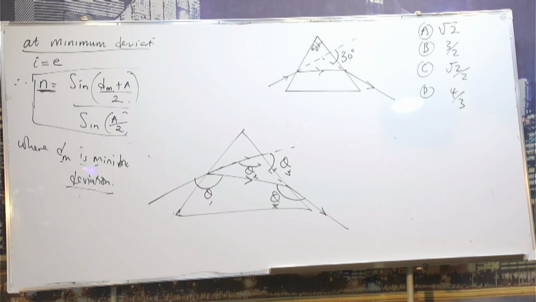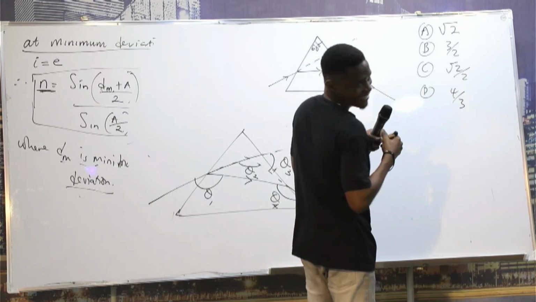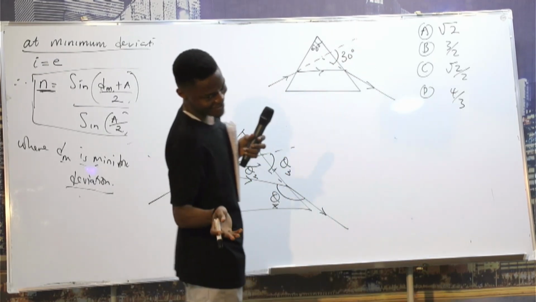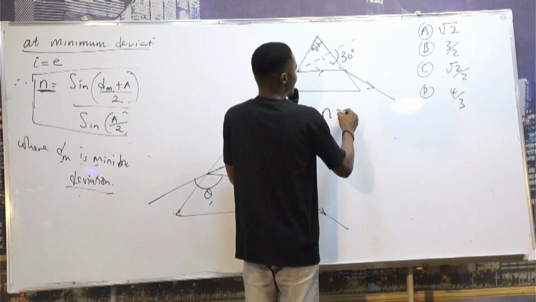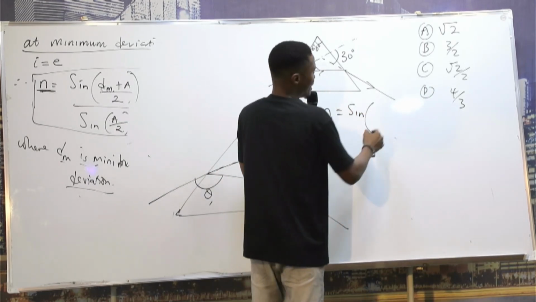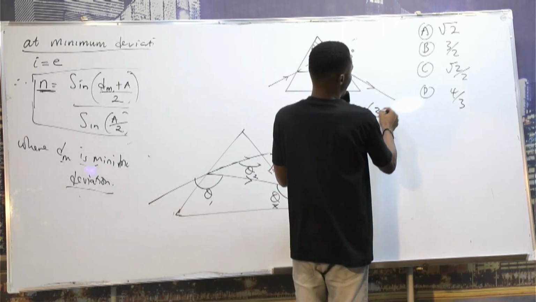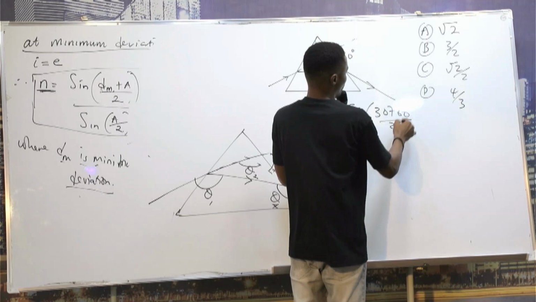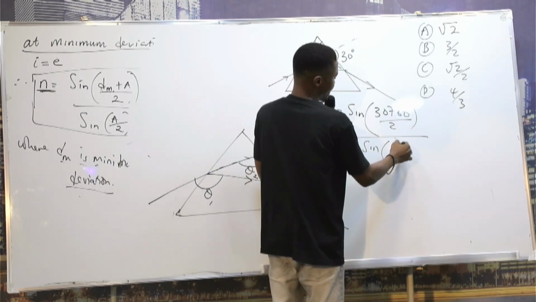You will use our formula and the answer will just come out. So I say n is equal to sine of deviation plus angle over 2, divided by sine of angle over 2. What is the deviation here, class? Deviation is 30. So sine of (30 plus 60) over 2 divided by sine of 60 over 2.